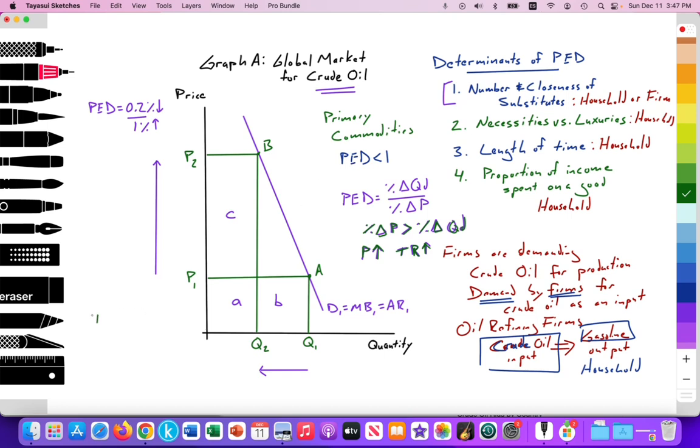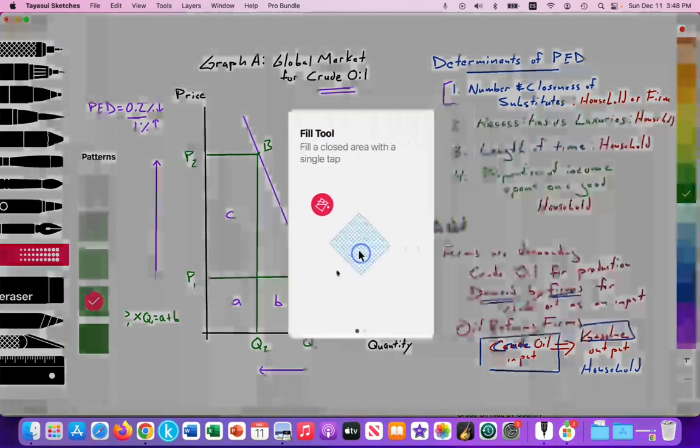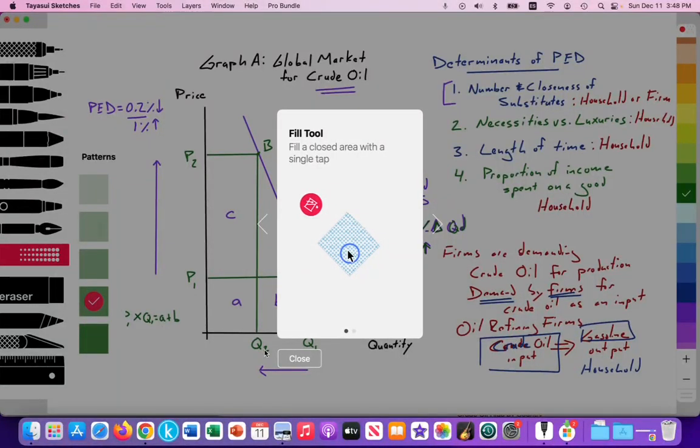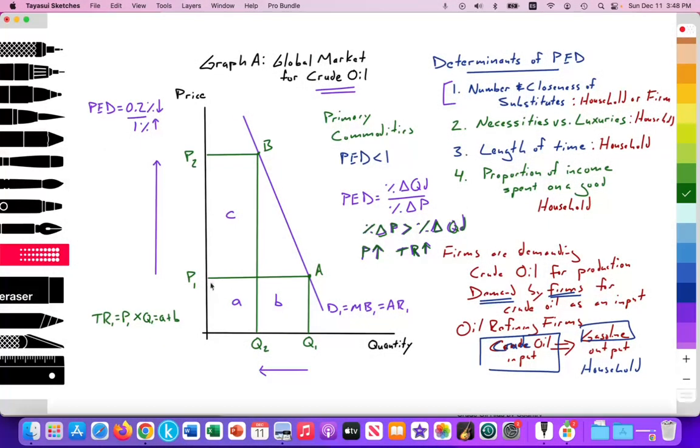Initially, total revenue was equal to price P1 times quantity Q1, which is also equal to areas A plus B. All right, let's highlight that. So here we have the initial total revenue. Okay.